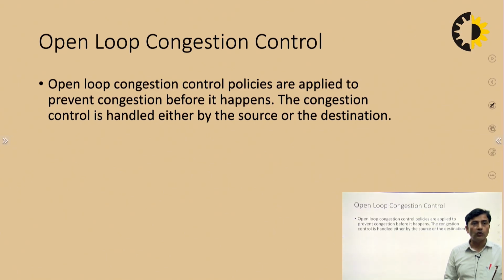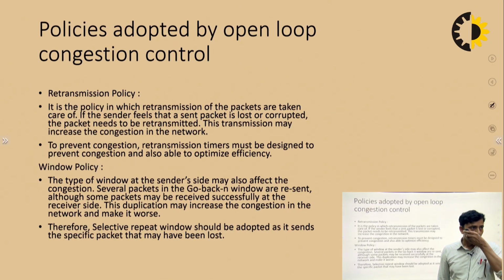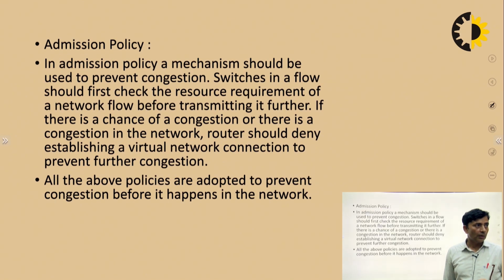We want to prevent the congestion by using open loop, so we have to apply the strategy before it happens. The congestion control is handled either by the source or by the destination, so both can initiate the policy.